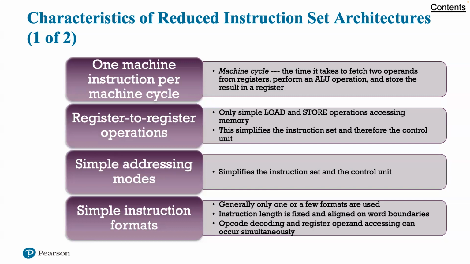The second characteristic is that most operations should be register to register, with only simple load and store operations accessing memory. This design feature simplifies the instruction set and therefore the control unit. For example, a RISC instruction set may include only one or two add instructions, for example, integer add and add with carry.